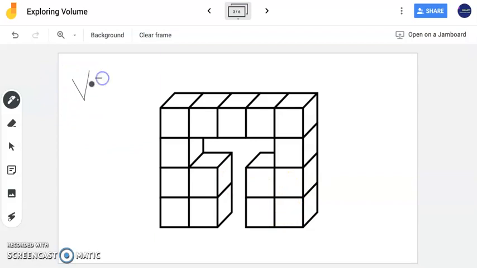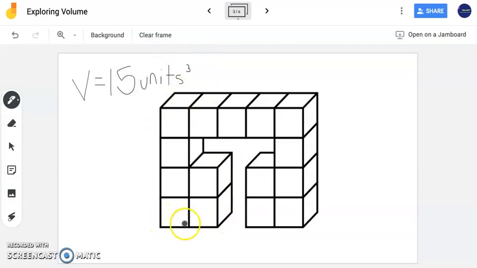Therefore, my volume of this object is, in fact, 15 cubic units, or you can also write it as units cubed as well. All unit of measurements work as long as you recognize that we have cubic units.